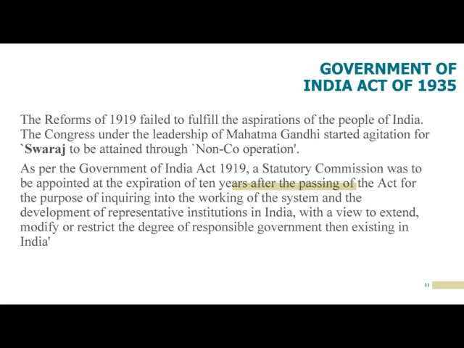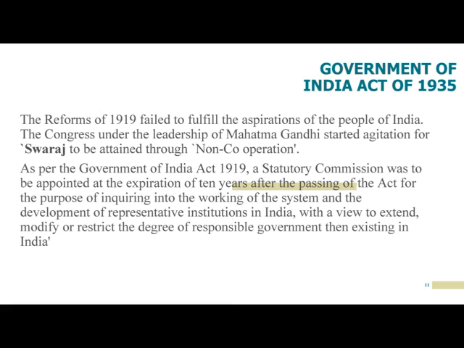As per the Government of India Act 1919, a statutory commission was to be appointed at the expiration of 10 years after the passing of the act. Terms and conditions were laid down in the act for the purpose of inquiring into the working of the system and the development of representative institutions in India, with a view to extend, modify, or restrict the degree of responsible government then existing in India.